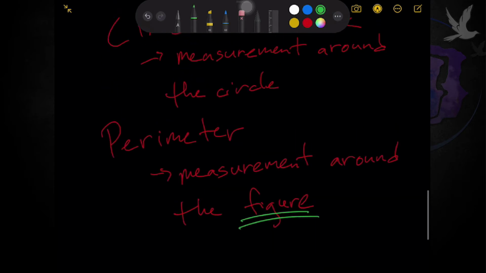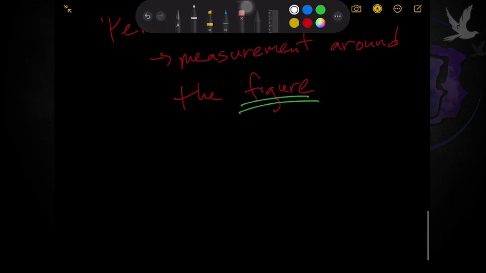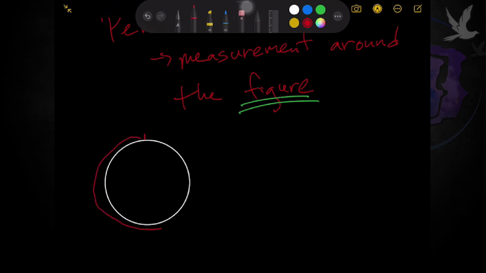Anong ibig sabihin niyan, Teacher Mark? What do you mean by that? Ano ang difference ngayon ng circumference sa perimeter? Okay. So, for example, meron tayong circle. If you're going to measure it around, starting from one point of the circle all the way around, our circumference here is just the same as our perimeter.